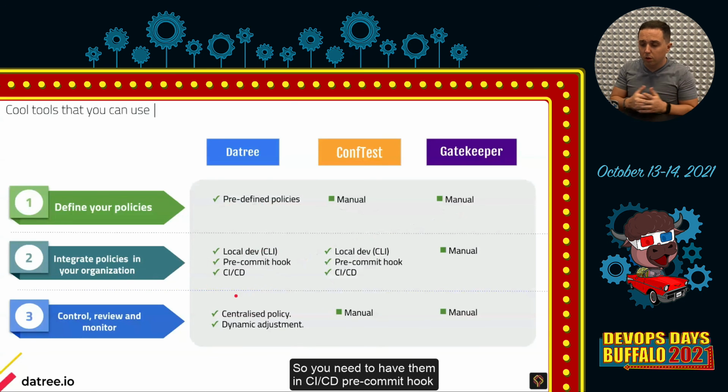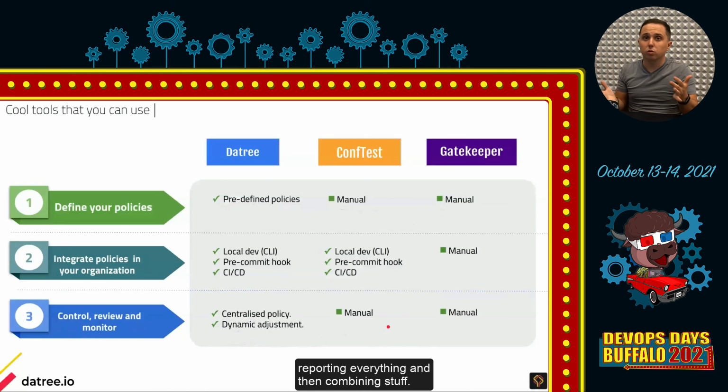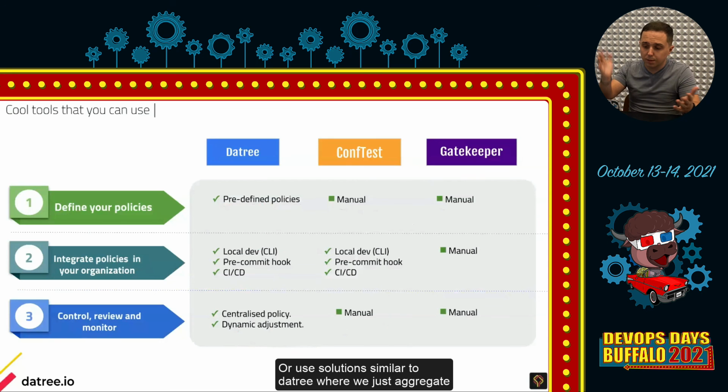So you need to have them in CI/CD, pre-commit hook, and in the development area. And finally, a way to control, review, and monitor all of the policy executions. Again, you can build something by yourself by reporting everything to Jenkins, and then combining stuff, or use solutions similar to the tree where we just aggregate everything for you and show you the centralized results.